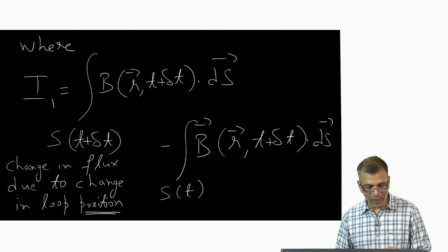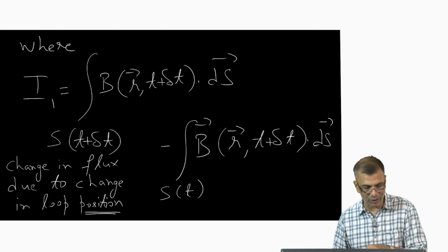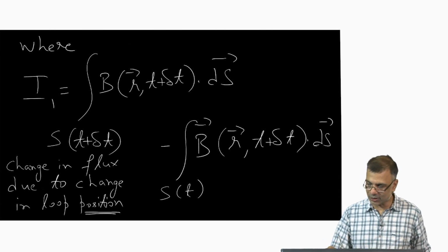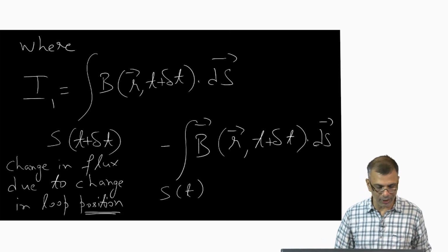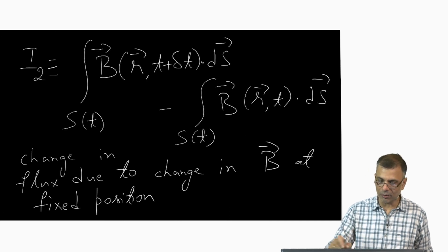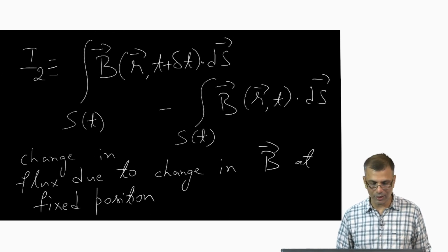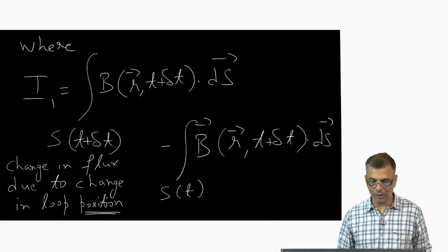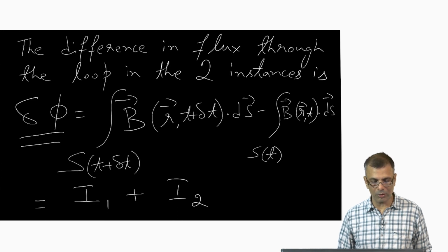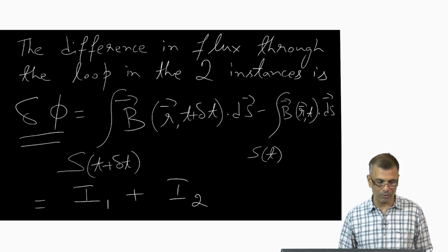Whereas in I2 this exact chunk has a positive sign. So when you add up I1 and I2, this vanishes, and all you're left with is this and this, which gives you what you wanted. And so that's why delta phi is equal to I1 plus I2.